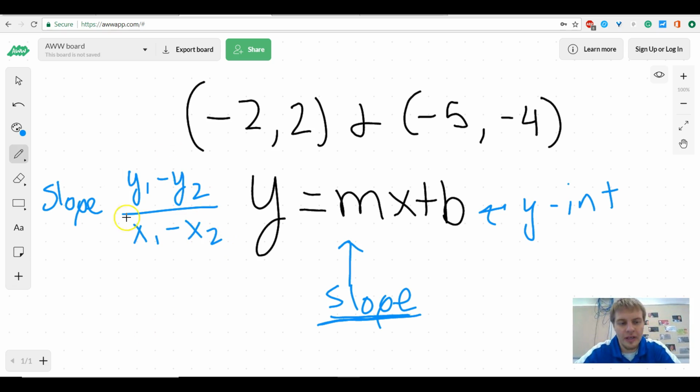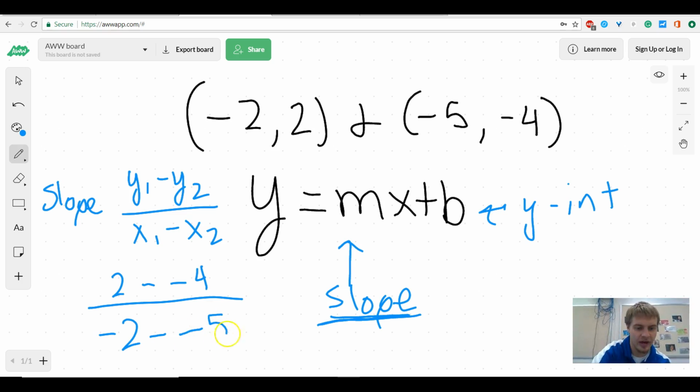When we're finding slope with that, it should make some kind of sense because slope is rise over run. This is how much it goes up, the difference or how far apart these two y's are. Same with your x's, it's your run, how far apart these two x's are. So y1 is 2 and y2 is negative 4, so we subtract: 2 minus negative 4 over negative 2 minus negative 5.